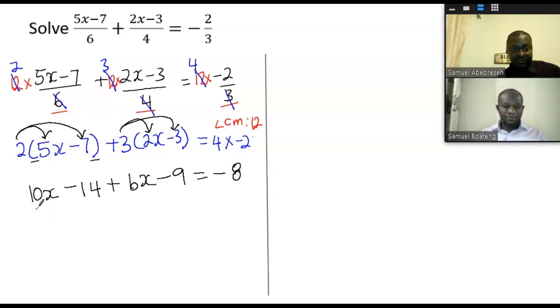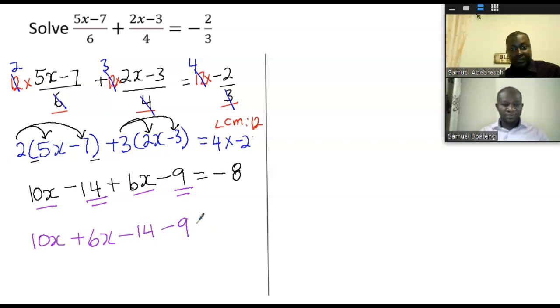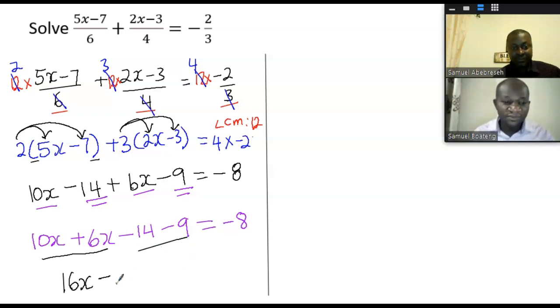The like terms: you put all the terms in x together, 10x plus 6x, minus 14 minus 9, equal to minus 8. So 10x plus 6x will give you 16x. Minus 14 minus 9 is minus 23, which is equal to minus 8.